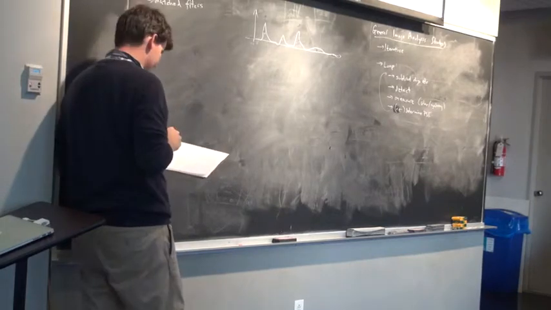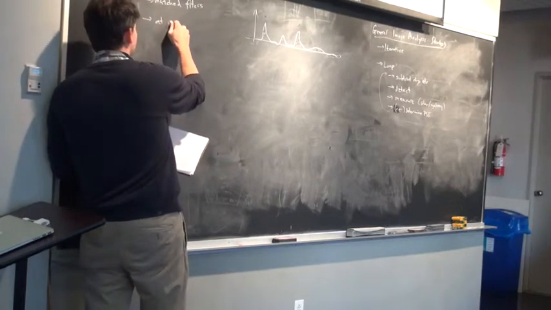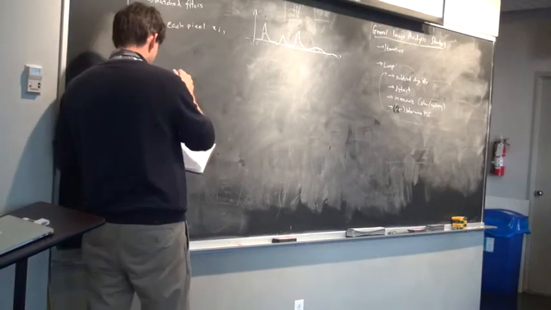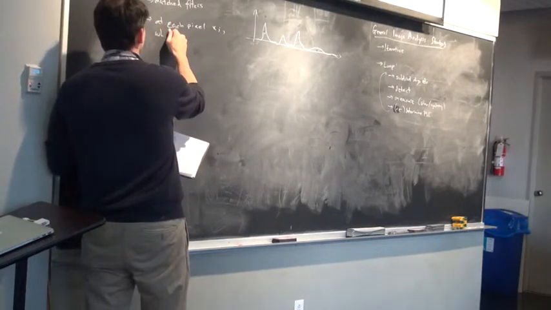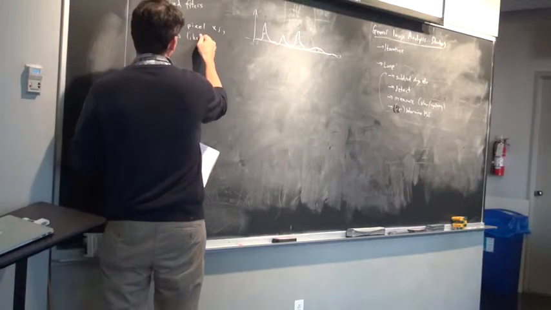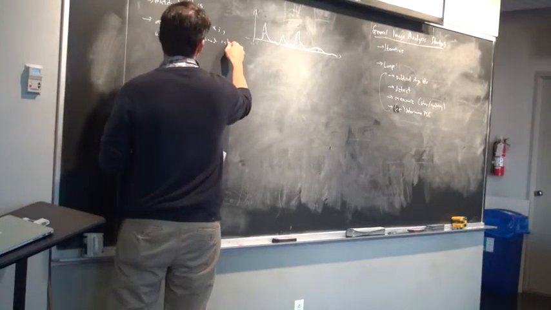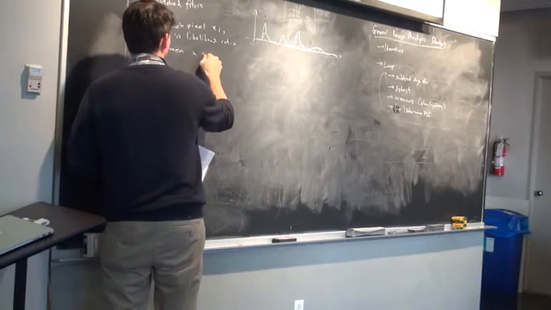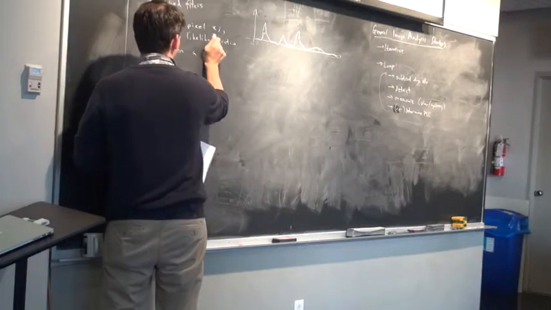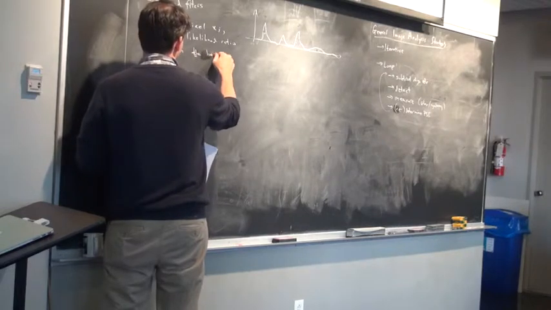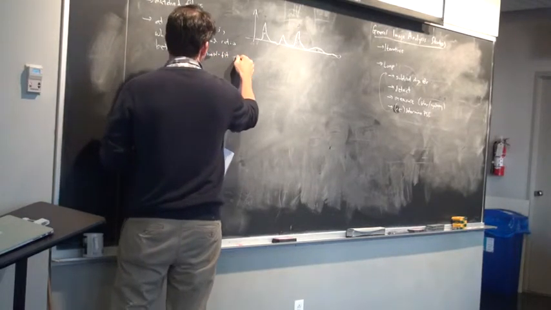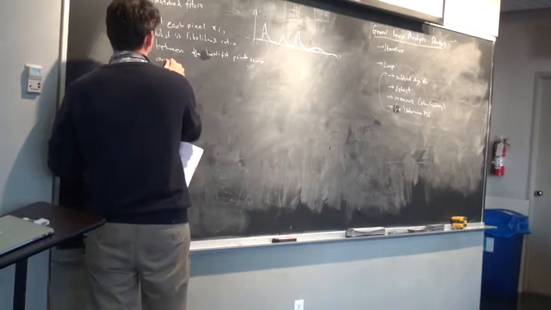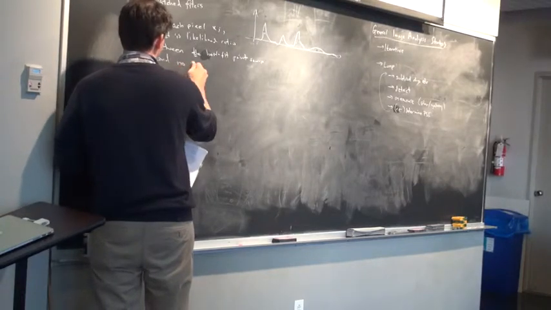So what the matched filter does is it says, at each pixel, what is the likelihood ratio between the best fit point source at this location and no source.